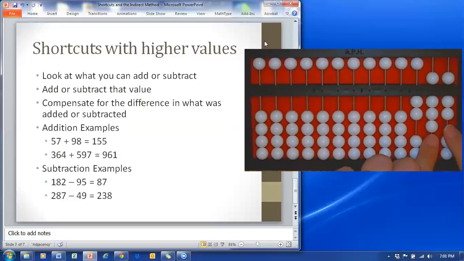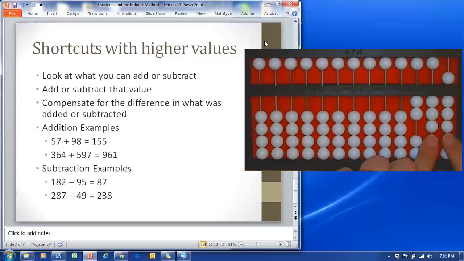And I could do this a couple of different ways, but one thing I'm going to notice is that 49 is really close to 50. And I have a 5 bead in the tens column, which is worth 50. So if I go ahead and subtract that 50, I'm only one off. And I can compensate by returning 1 because I subtracted 1 too many. My answer is 238.